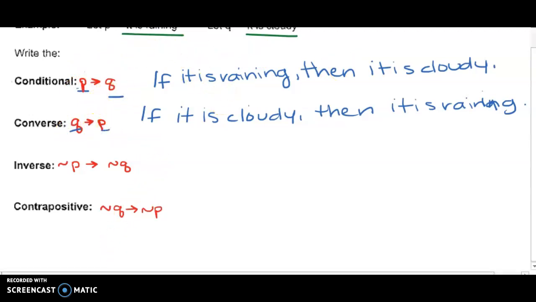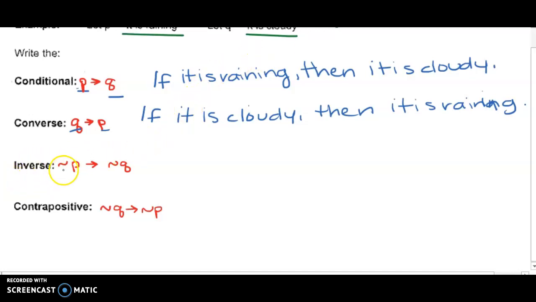All right, inverse. So this is if not P, then not Q. If P is, it is raining, my not P would be, it is not raining. And if Q is, it is cloudy, my not Q would be, it is not cloudy.